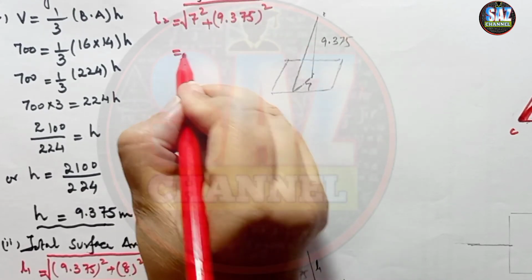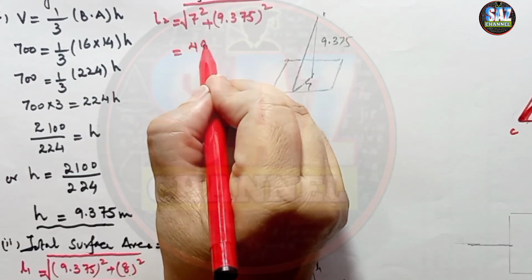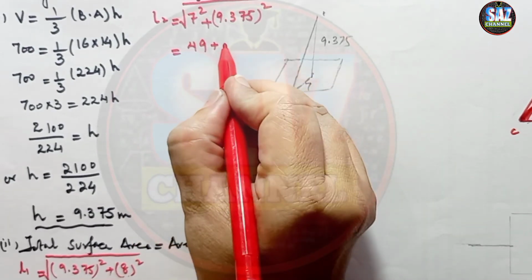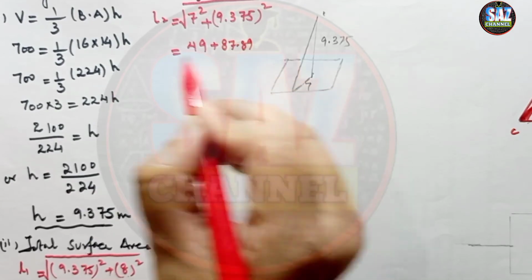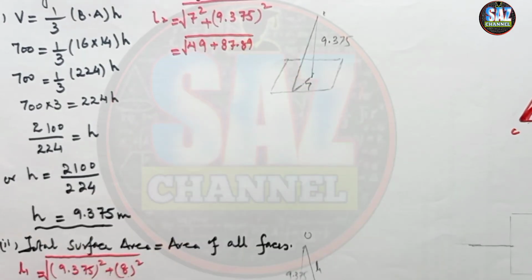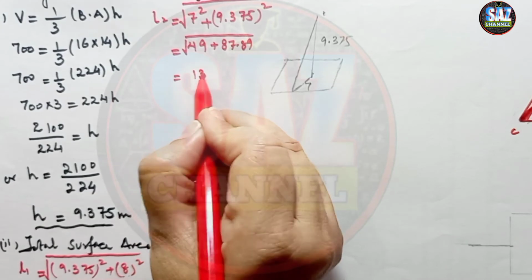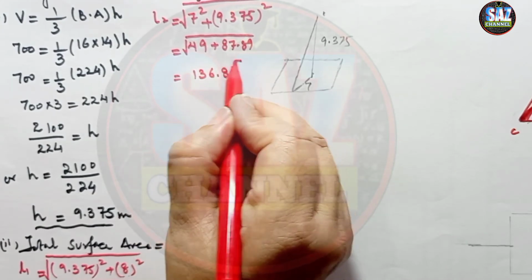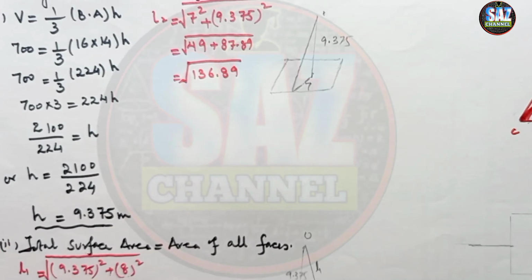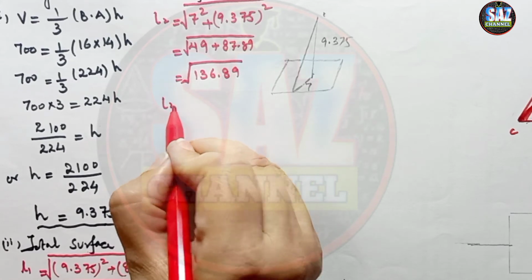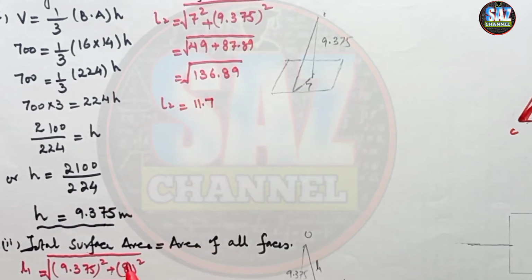I'm applying Pythagoras theorem here. 7 square is 49 plus 9.375 square is 87.89, and then I have to add up 49 to 87.89, and this gives me 136.89, and then square root of this. Okay, this is 11.7. L2 is 11.7.